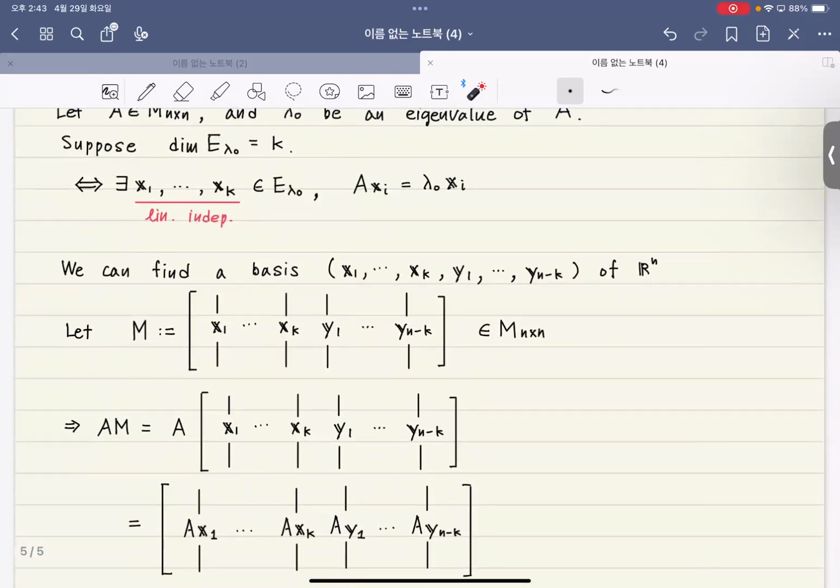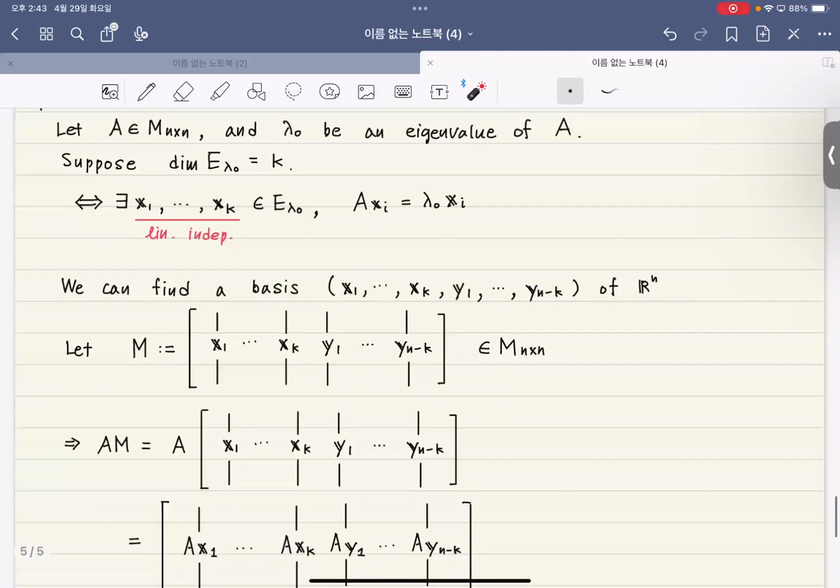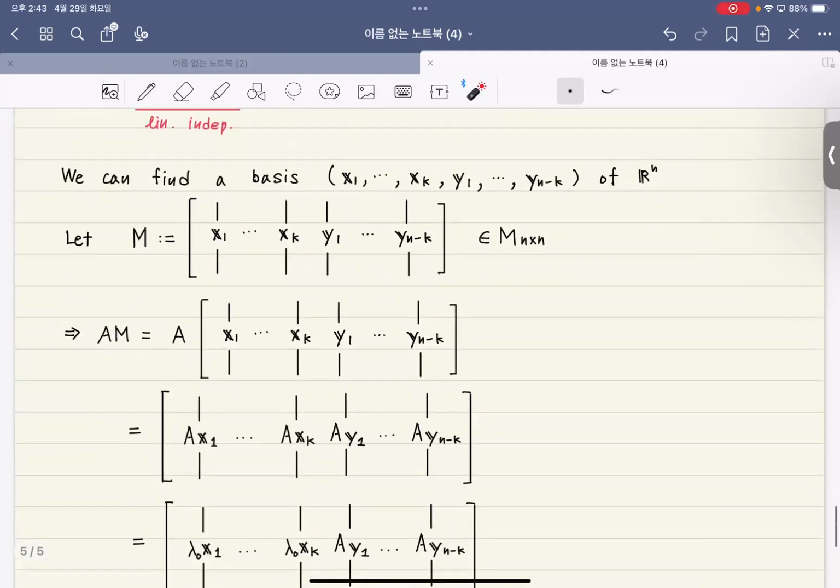Now, what I want to do is this. I want to multiply A by this matrix M. By the same logic, the columns of the resulting matrix are Ax1 to Axk and Ay1 to Ay n minus k.